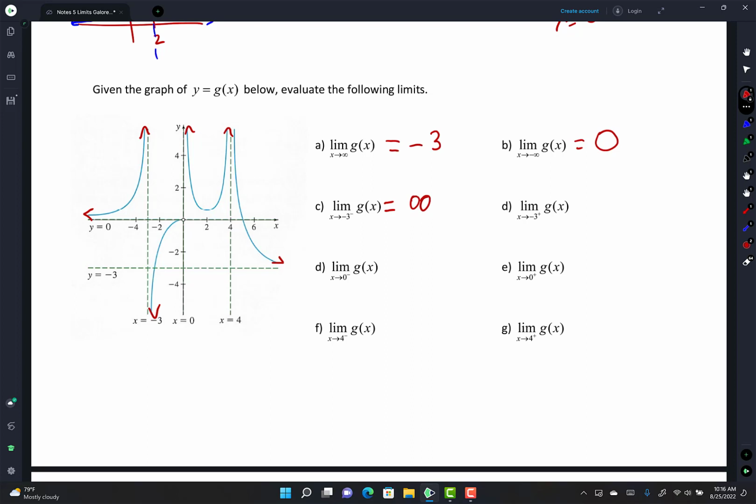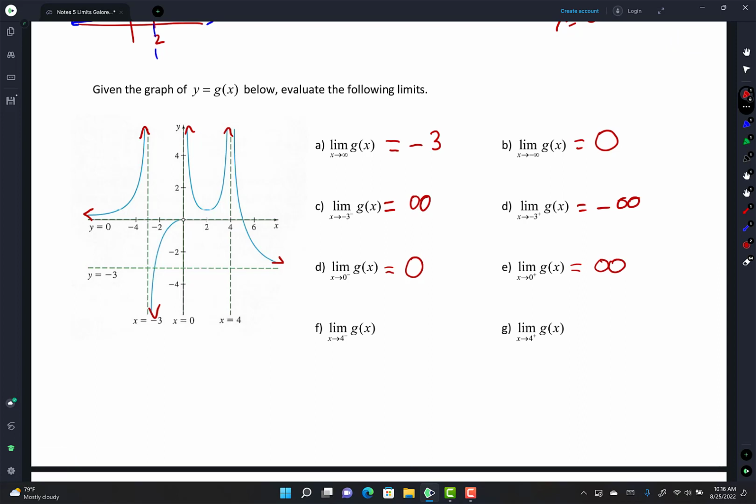If I approach negative 3 from the right, what do the y values look like they're approaching? Negative infinity. Next, limit as x approaches 0 from the left. If I approach 0 from the left, it looks like it's approaching what y value? 0. It's approaching that hole. The y value, right? Limit as x approaches 0 from the right, it looks like it's approaching infinity.